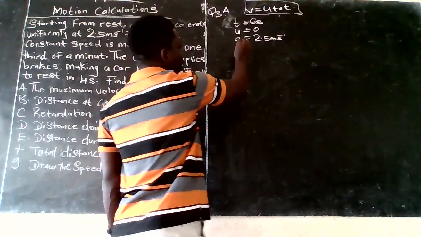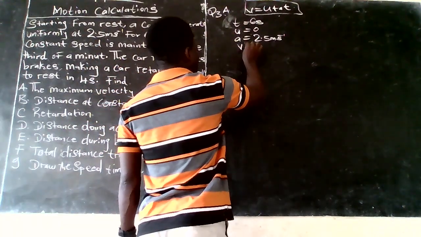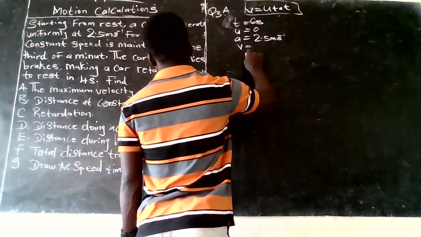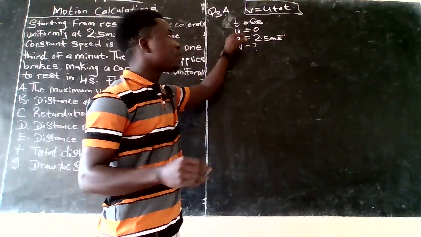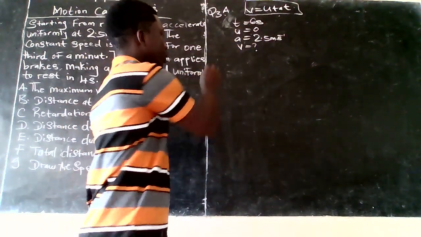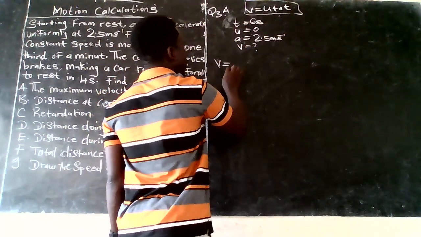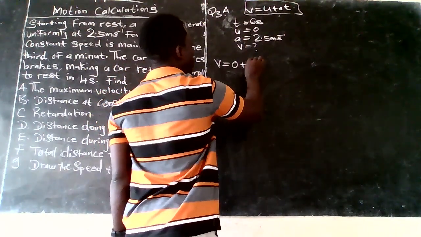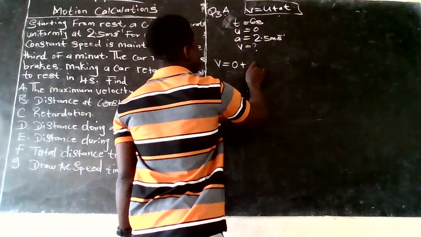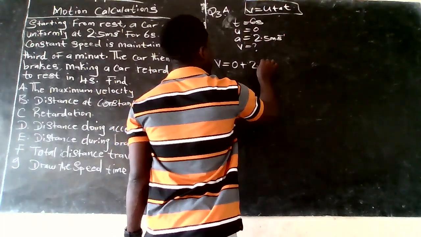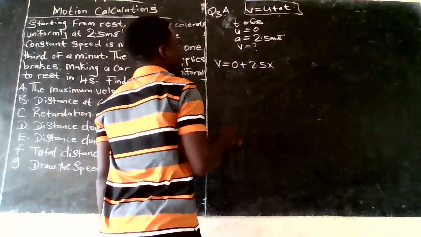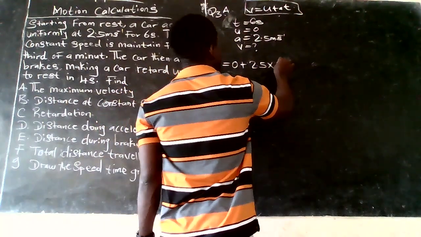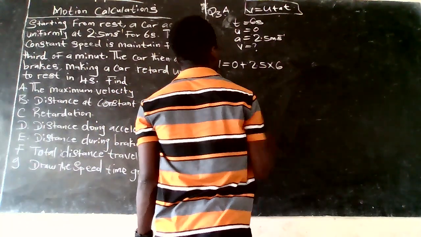We are asked to find the maximum velocity, which we don't know. So V equals U, which is 0, plus A, which is 2.5, times our time, which is 6 seconds.